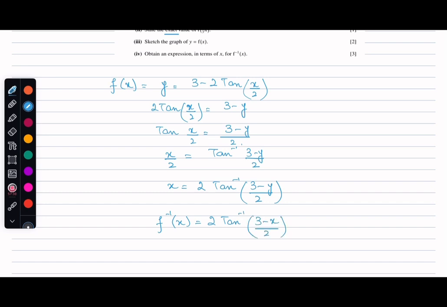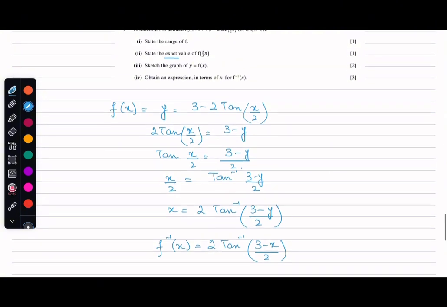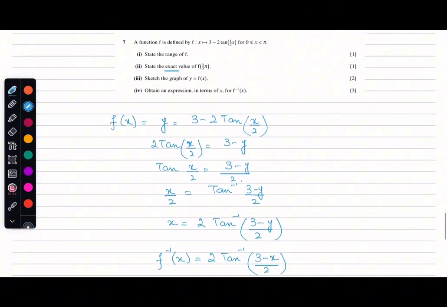And we know that for the inverse function, we have to flip the domain and the range to get the domain and the range of f inverse. We already know the range of f. We got that range as f of x lesser or equal to 3.